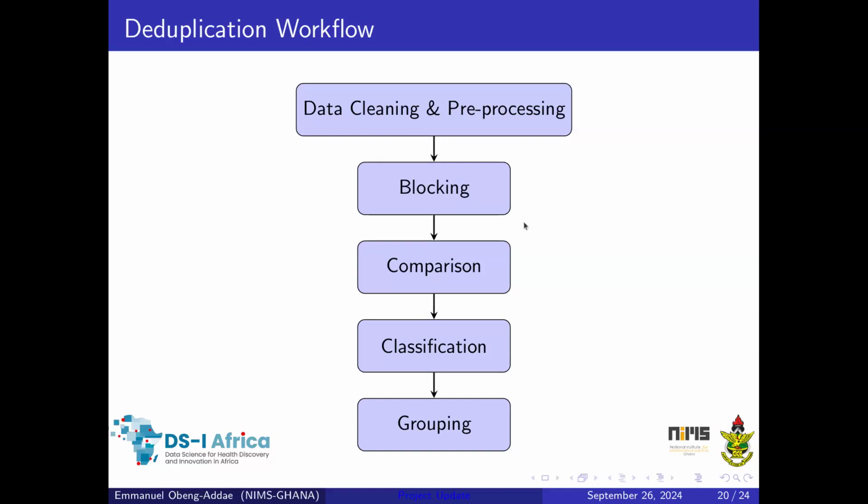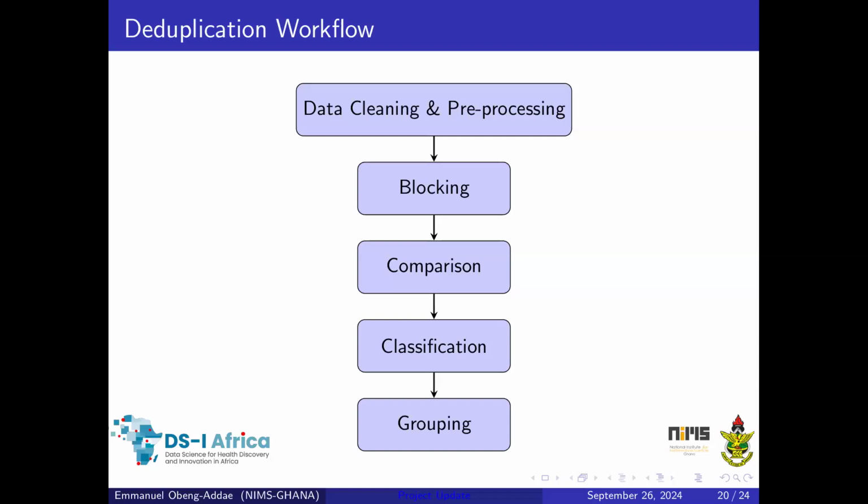Then there's what's known as blocking. Over here, we filter out a subset of the whole data set. When you pick any data set and you have to compare each record against every other record to be able to tell which ones are matches, the number of comparisons that we would have to do increases quadratically. So for instance, if we have a data set that has 5,000 records, we'd have to do about 12 million comparisons.